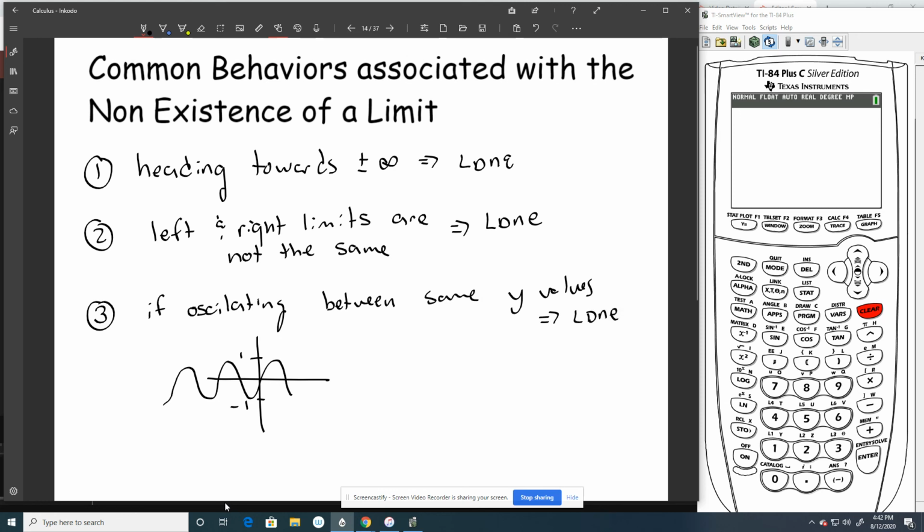And we'll see some examples of that later. But be careful. As long as that goes up and down between the same y values, then the limit does not exist.